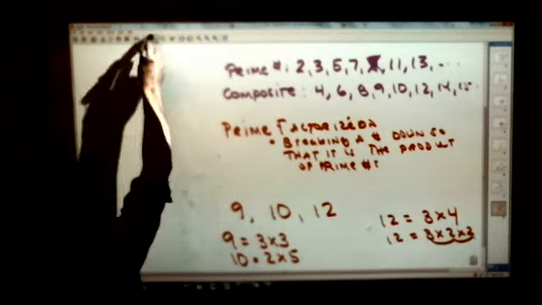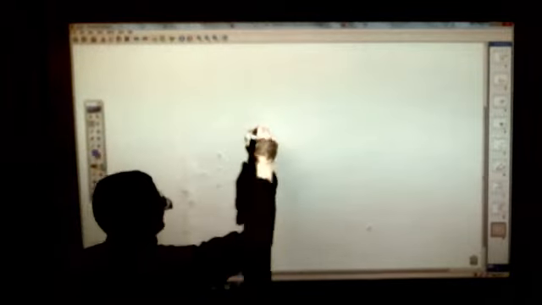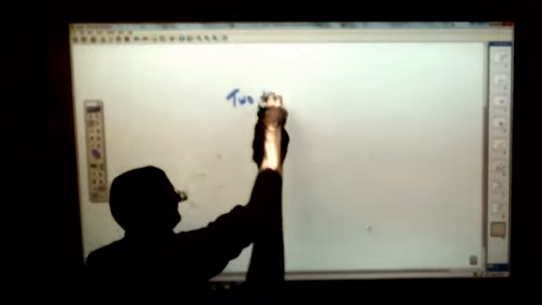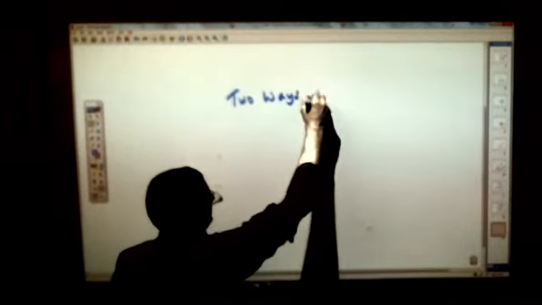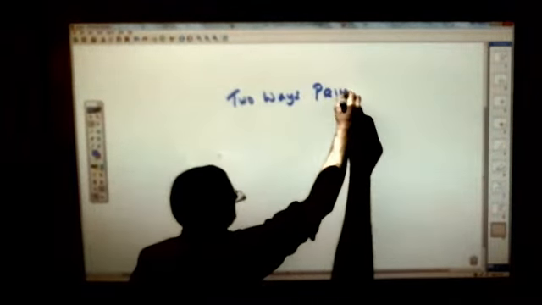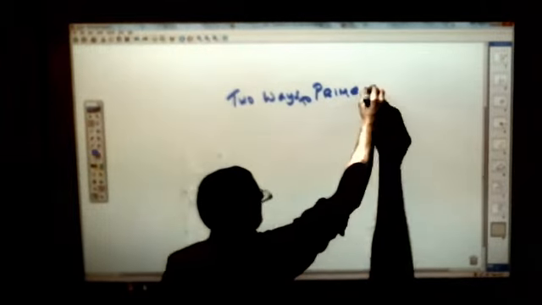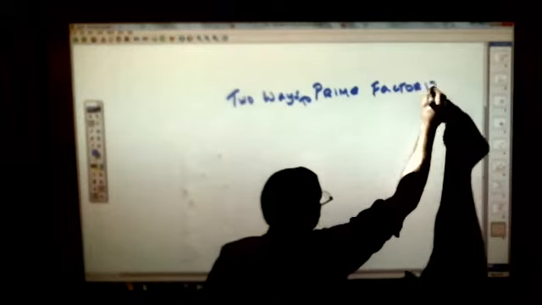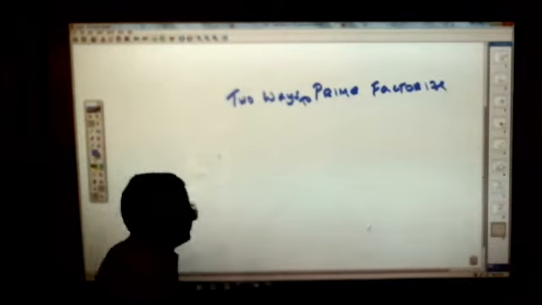Now, here is a little bit on how you do this. There are two ways to go about prime factorizing. One of them is slightly more popular than the other.